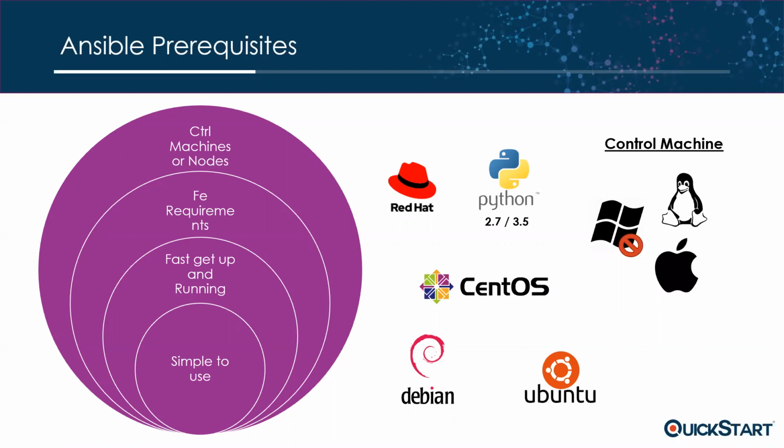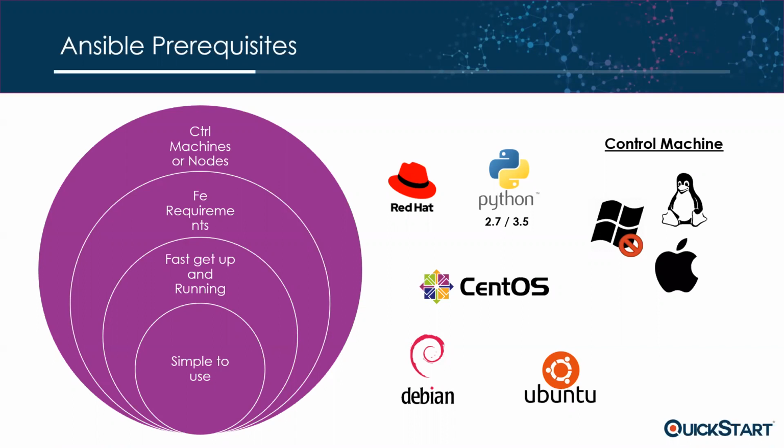For the operating system, for the control machine, virtually every major Linux distribution is supported. I'm saying that because, as you know, there are several versions of Linux. So the major Linux distributions are supported, as well as Mac OS.